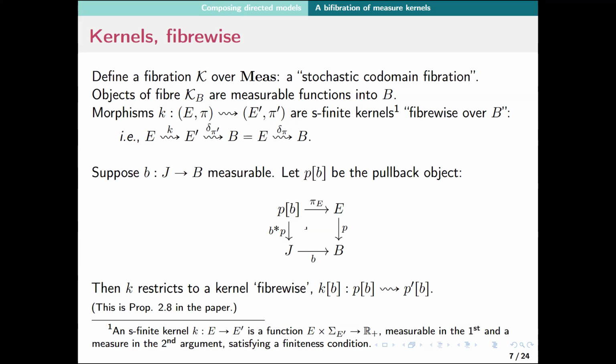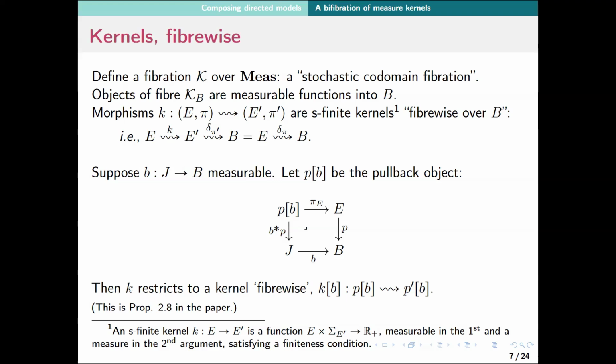I would say in a minute that you can tell this story for a more general setting. But this is to say that we can do this for the probabilistic situation that I was interested in. So I've said what a kernel is. It's between two measurable spaces. It's one of these functions. It's measurable in the first argument, and it gives you a measure, i.e. a distribution in the second argument.